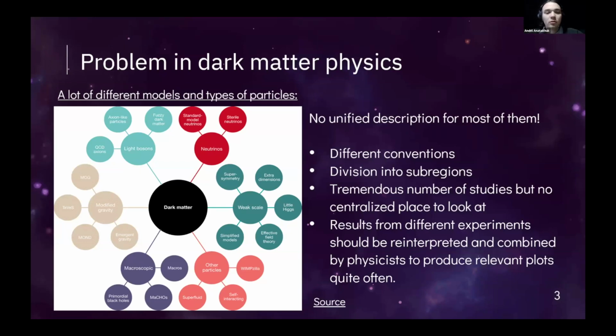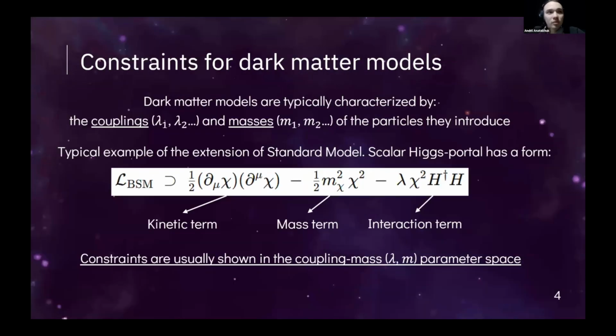To go a little bit deeper into this problem, let's step a little back. How exactly do we study constraints in dark matter models? Usually we consider a set of parameters that exist in every kind of dark matter model. This goes to the set of couplings and masses of particles that we introduce.